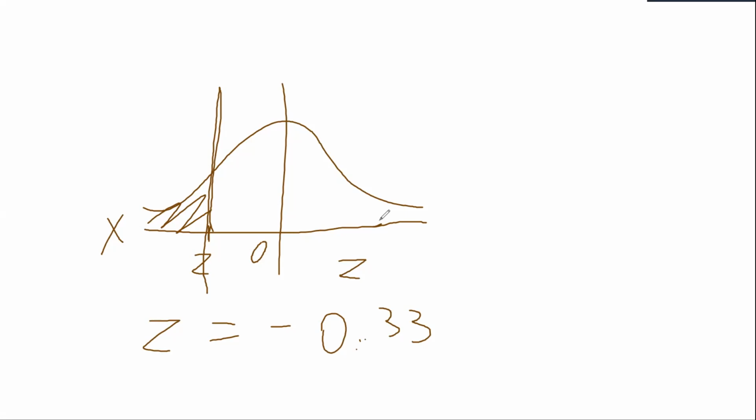This area is less than 0.5, because the whole area to the left of 0 is 0.5. Make sense?